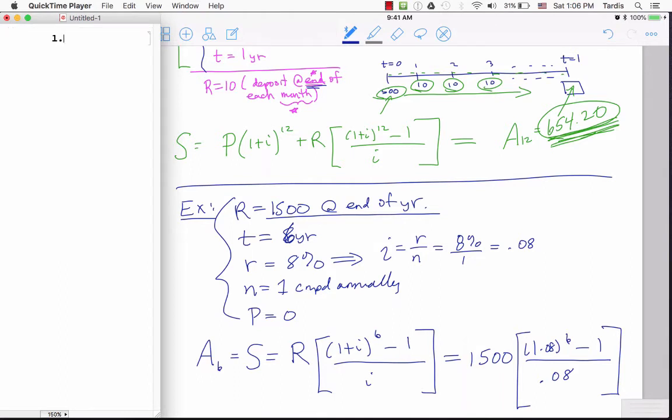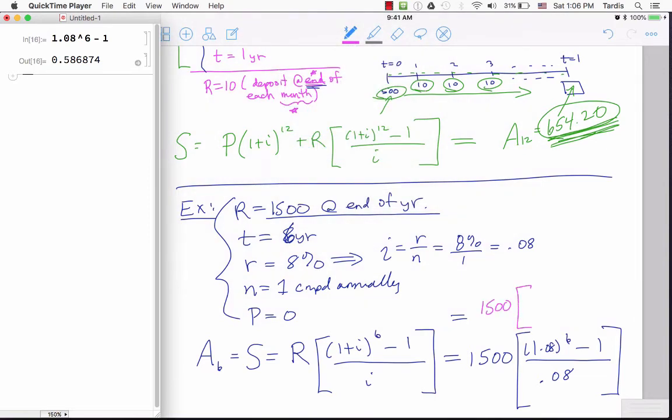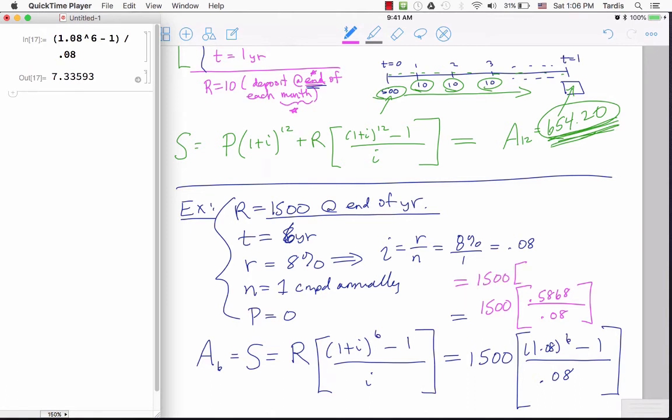We'll do 1.08 to the 6th power and subtract 1, which gives us 0.5868. Then divide that by 0.08, which gives you 7.33593.